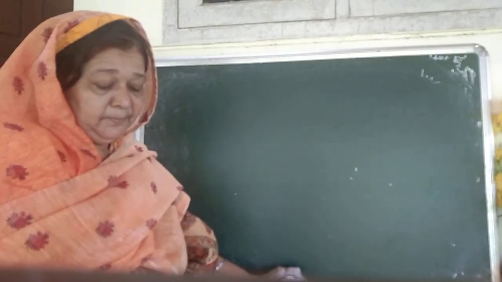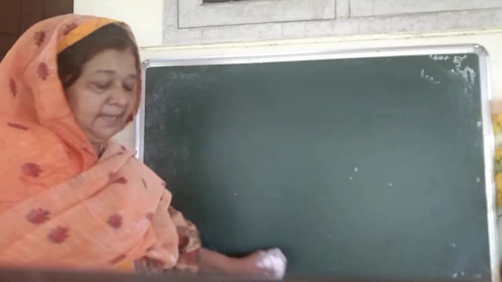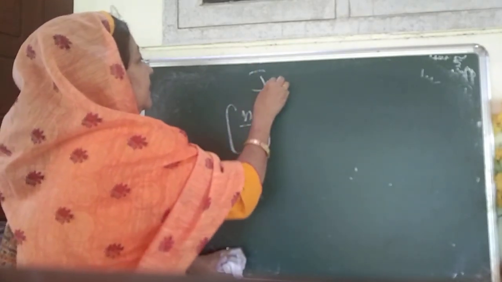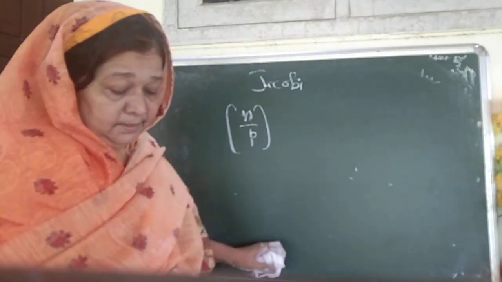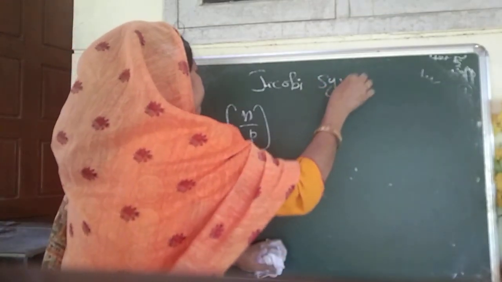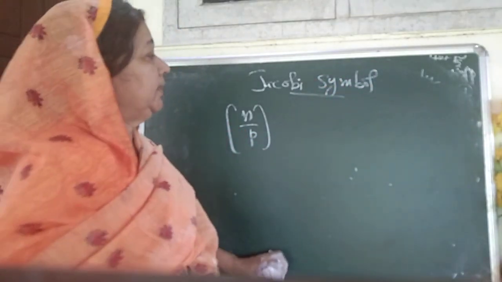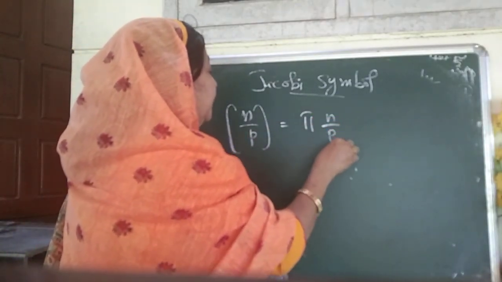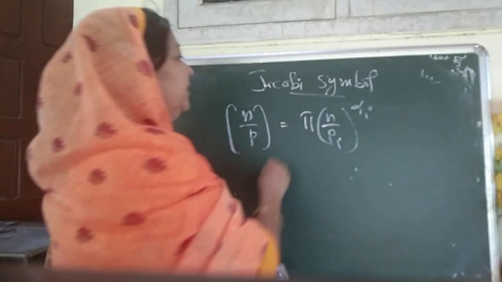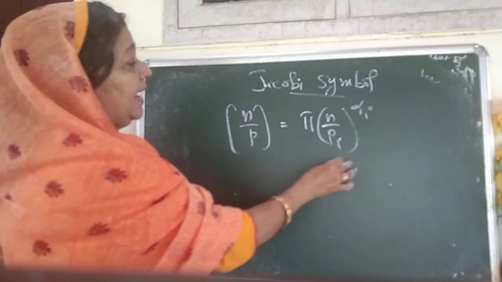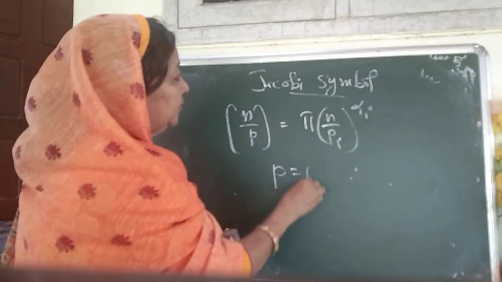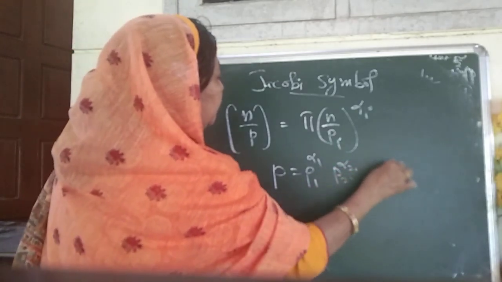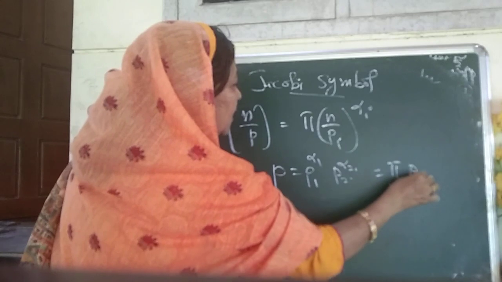Here we can assume that P is any positive integer, and then n by P is defined as the Jacobi symbol. n by P is equal to the product of n by pi, the whole raised to alpha i, where P is not a prime and P is of the form p1 raised to alpha 1 into p2 raised to alpha 2, etc.